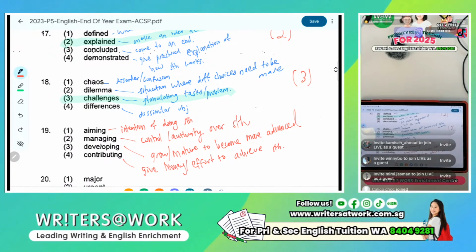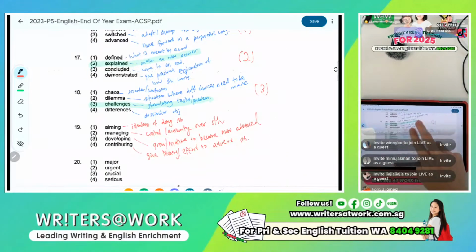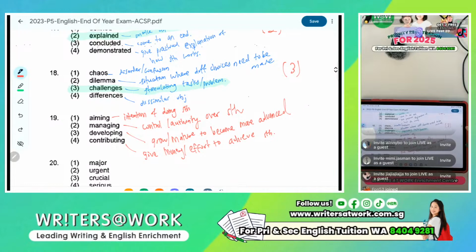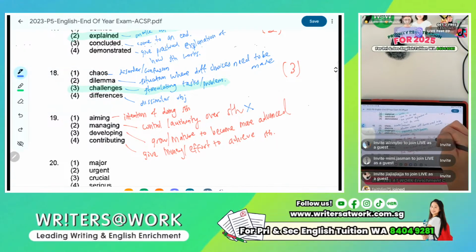Okay? So looking back at our question, we're interested to find the meaning of striving, which means you want to put in great effort and there is a goal at the end because you want to achieve something. So using the method of elimination, we are not trying to gain control over something, neither are we making something more advanced.